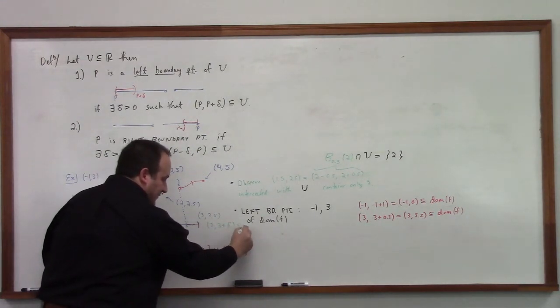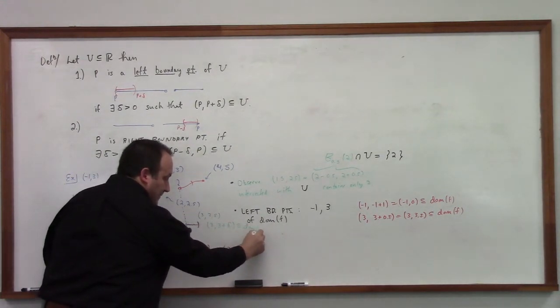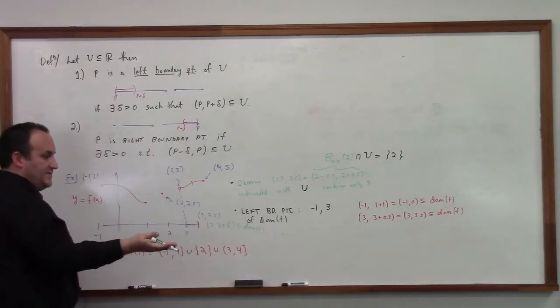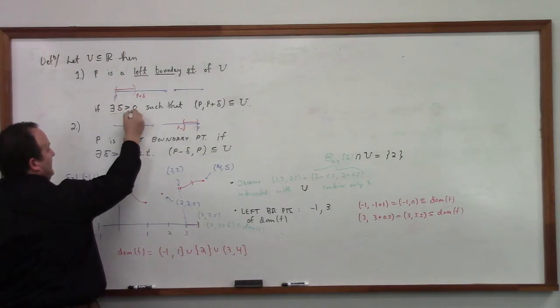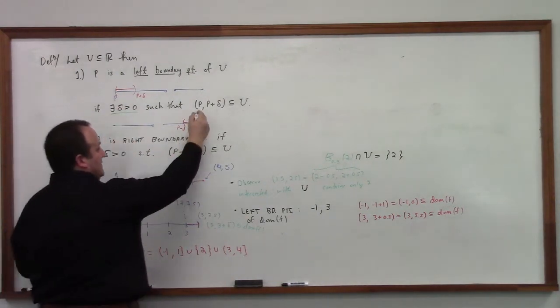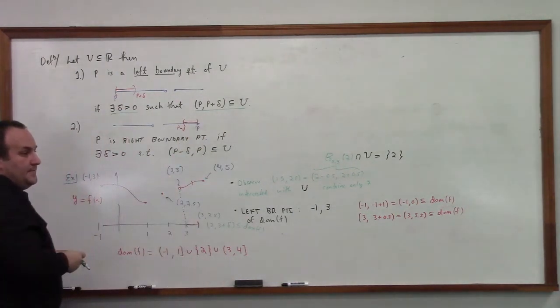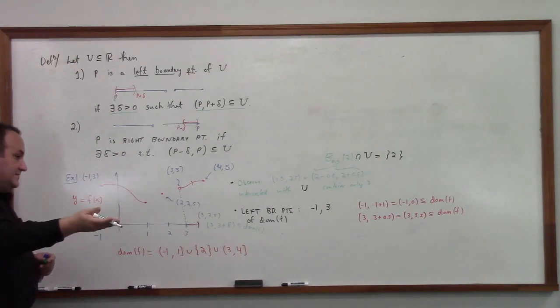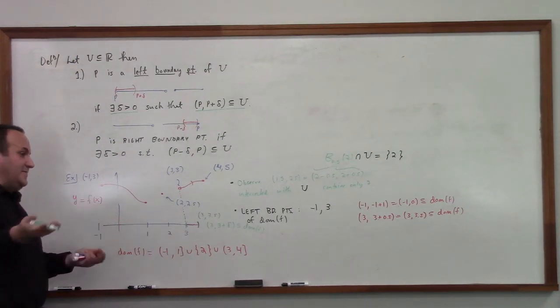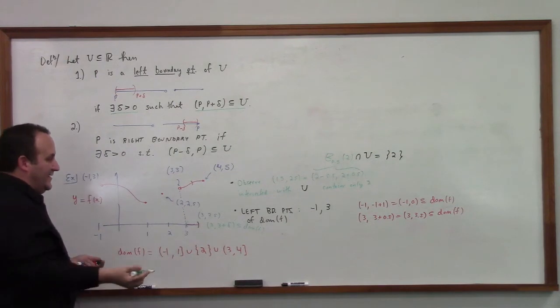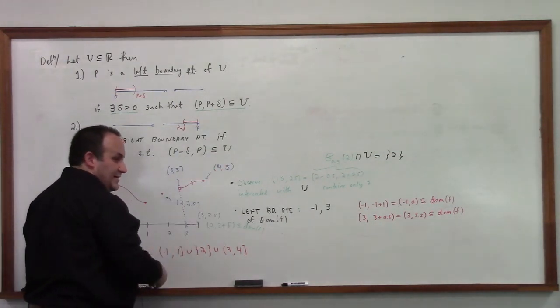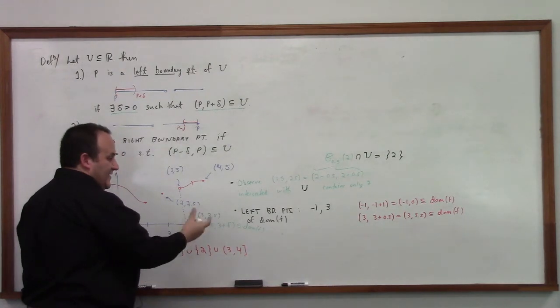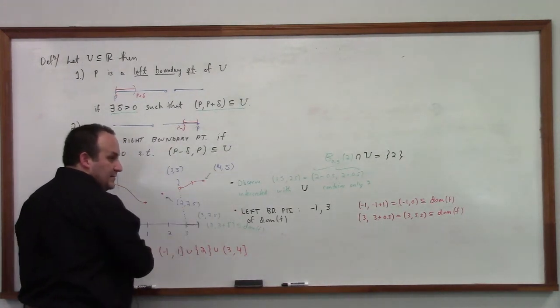That's a subset of the domain of F. Well, why are we going to 3.5? Just for example, you can pick, it's up to your choice. There just has to be a delta such that that's a subset. It's up to you to find the delta for a specific example. I just made 0.5 up because I know I can't go past 1, because I'm only over to 4 in this example we made up. So all I've got to work with is 3 to 4. That's the left boundary point.